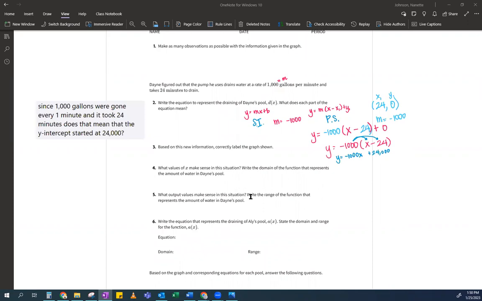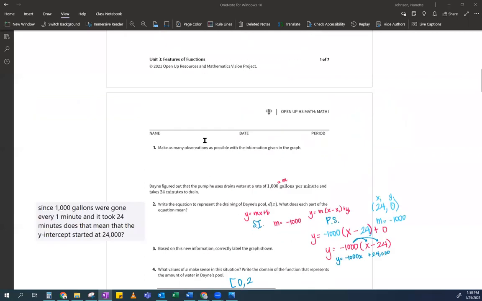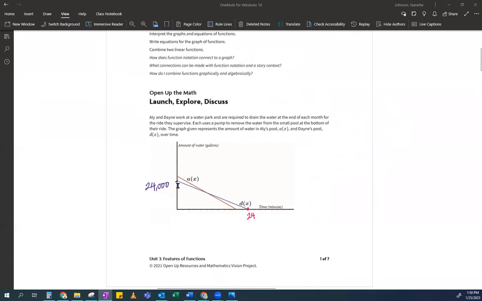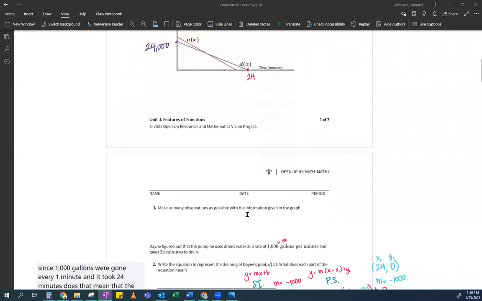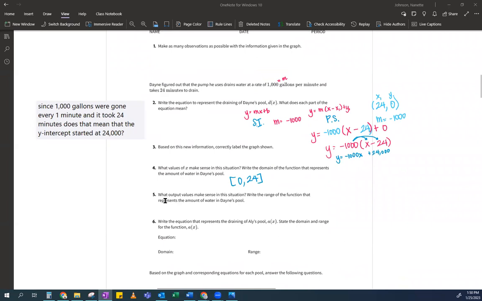It's brackets because 0 and 24 are included. 0 minutes is the time they started, when they hit the stopwatch. And 24 minutes is when they stopped the stopwatch, because that's when the pool was completely drained. Very good.